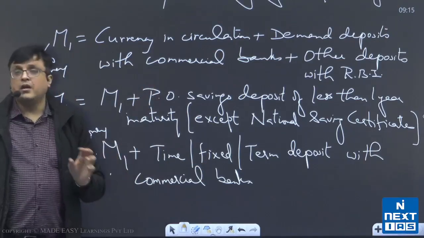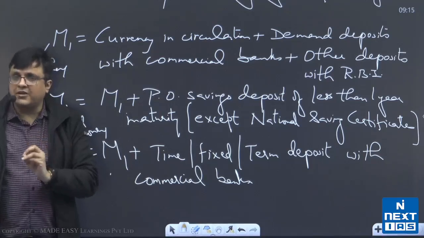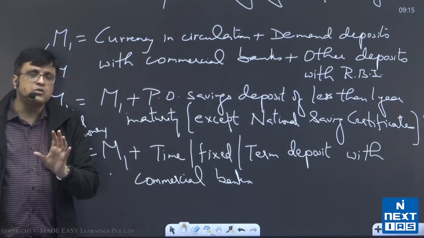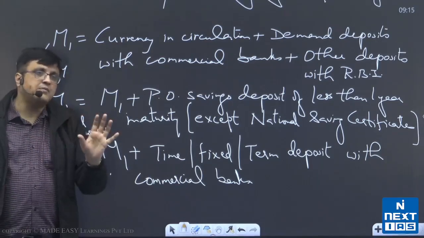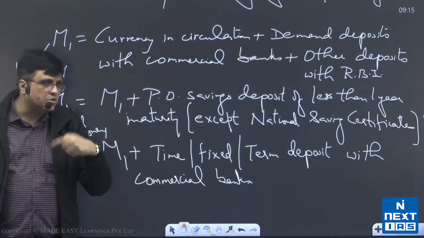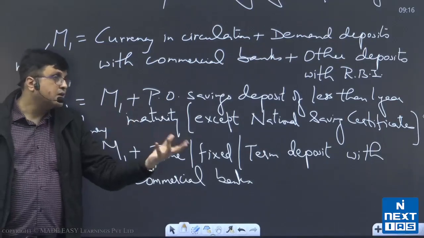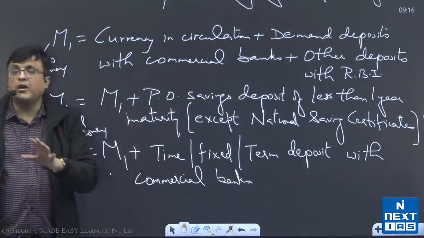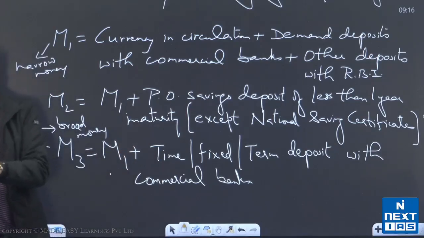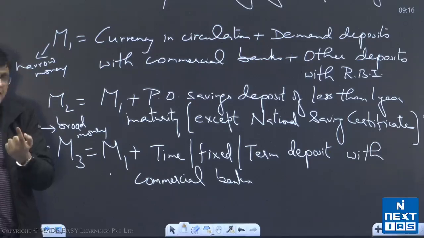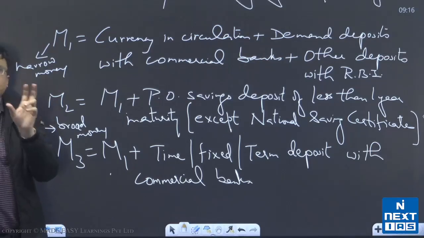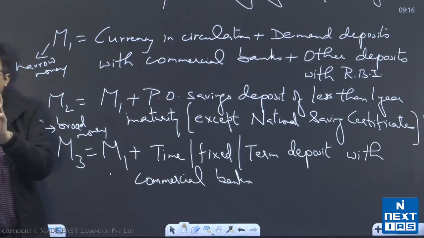Okay. Till 1997, RBI used M3 as their measure of money supply that they used to target. All right, like जब RBI बोलते थे मैं मनी सप्लाई बढ़ा रहा हूँ या मैं मनी सप्लाई कम कर रहा हूँ तो वो M3 को टारगेट करते थे. All right, so M3 was the headline measure of money supply. जब भी आप ये वर्ड देखोगे हेडलाइन, इसका मतलब होता है पॉलिसी टारगेट.